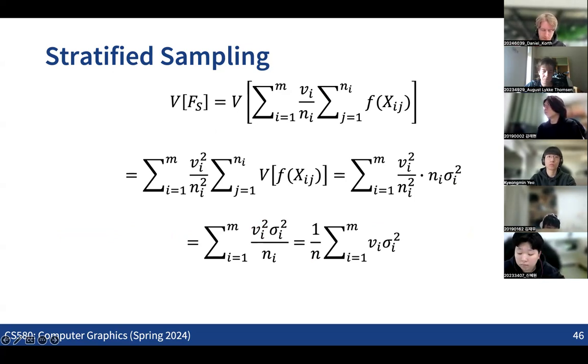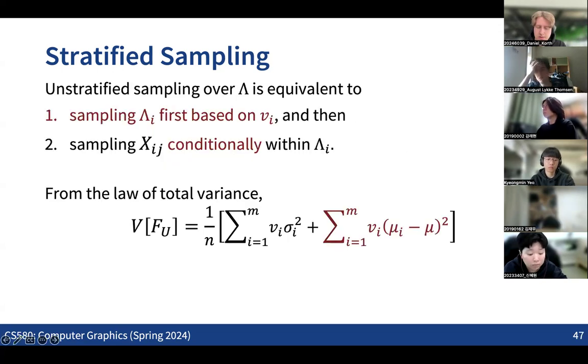While if we compare this with the unstratified sampling case, unstratified sampling is basically not dividing the region into small strata, but just taking uniform samples over the entire space, right? Just for the sake of comparison, this unstratified sampling can be seen as the case where we sample each stratum first, and then conditionally sample each point within the stratum.